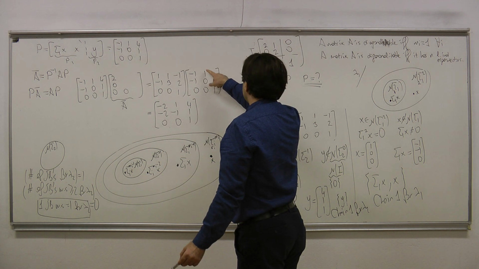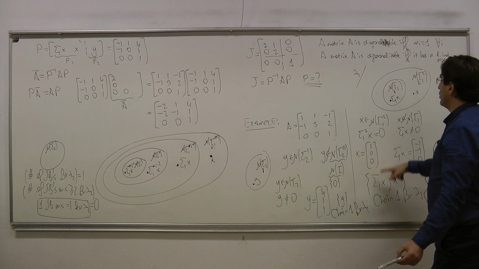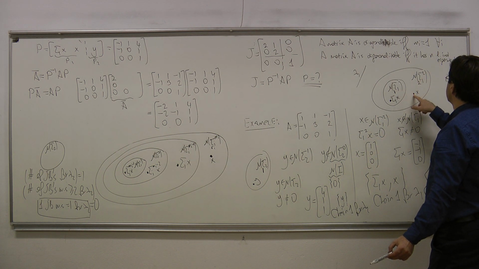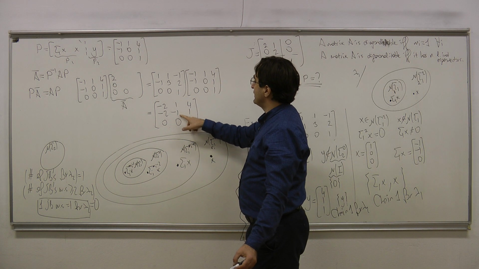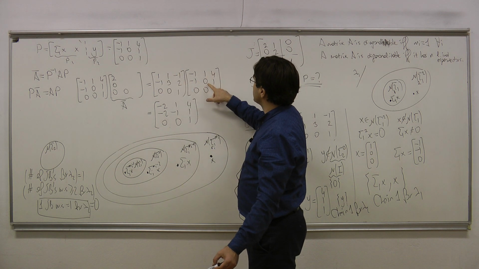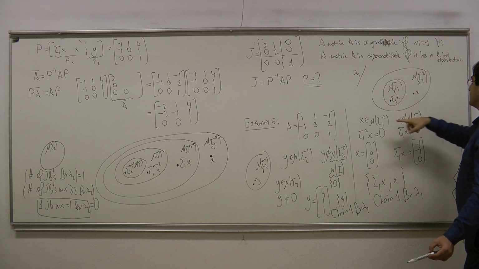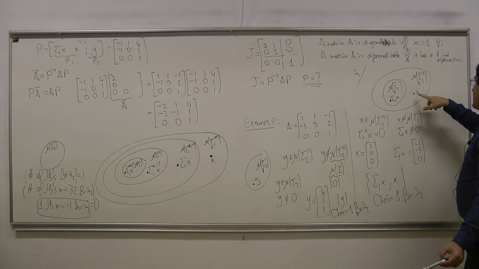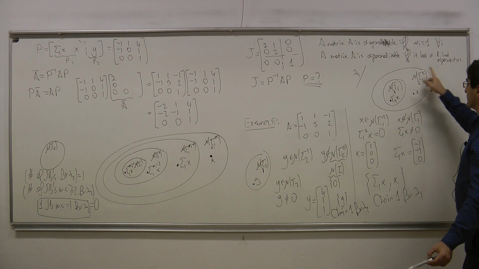Because this 1, 0, 0 here is already inside this largest null space, and the 1, minus 1, 0 vector is nothing but A times 1, 0, 0. If this null space is invariant under A, and x is inside this null space, then when I multiply x with A, I would get another vector inside this null space.